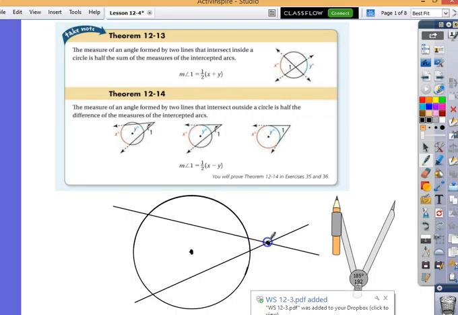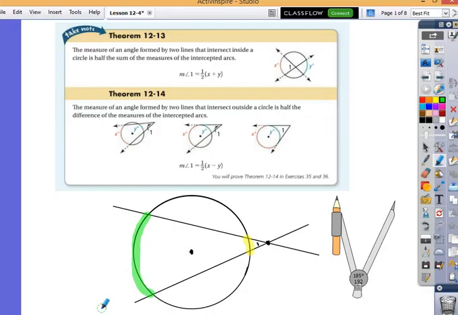If you notice though, if I'm looking at angle 1 right here, there are two arcs, that arc and that arc, that get intercepted by angle 1. So if I look on the inside of angle 1, it cuts the circle in two places. This is where you get that subtraction.